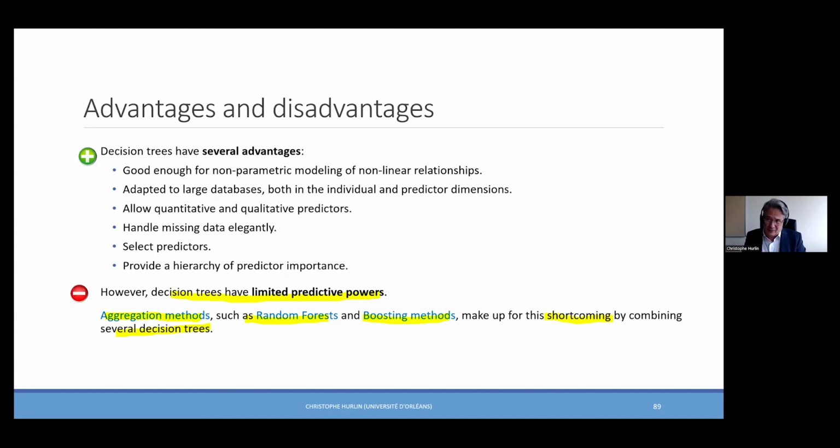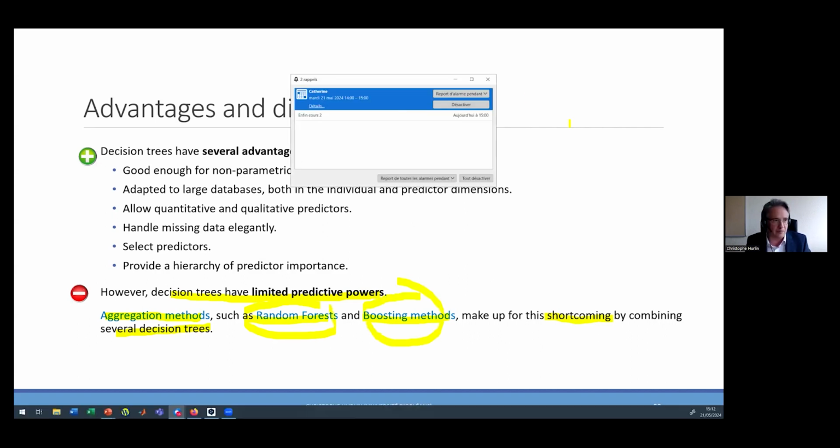And it is well known that, for instance, a random forest gives you a very high R-squared value if you have a random forest for regression, or a very high AUC value if you have a classification problem, for most economic problems in general. Okay, that's why the random forest is one of the most often used ML algorithms in economics and finance. And this is not the same, for instance, in computer science, in computer vision, and so on. But in economics and finance, it is one of the most often used algorithms. This is also the case, for instance, for the XGBoost.